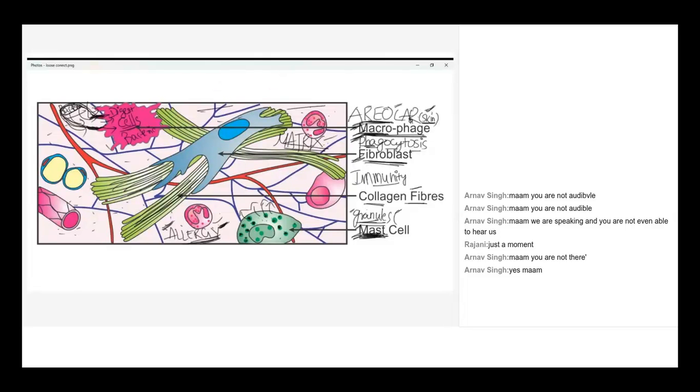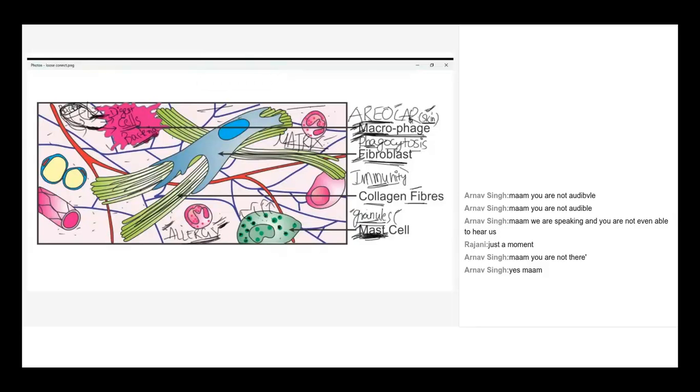So they are foreign molecules. Foreign here stands for not related to our body. The allergy is developed because some of the things which are foreign to our body try to enter your body. So the mast cells cause allergy. The cells there, macrophages and mast cells, are cells of immunity.